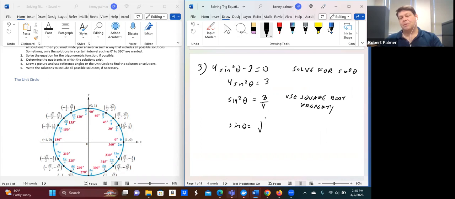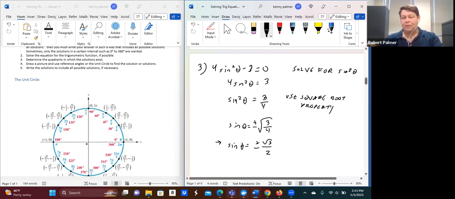And here, of course, this is going to be the square root of 3/4. But we need a plus or minus out front because if we square either positive or negative, we get a positive. So either one of these could be a valid solution going backwards. And of course, then this becomes just sine of theta is equal to plus or minus the square root of 3 over 2.